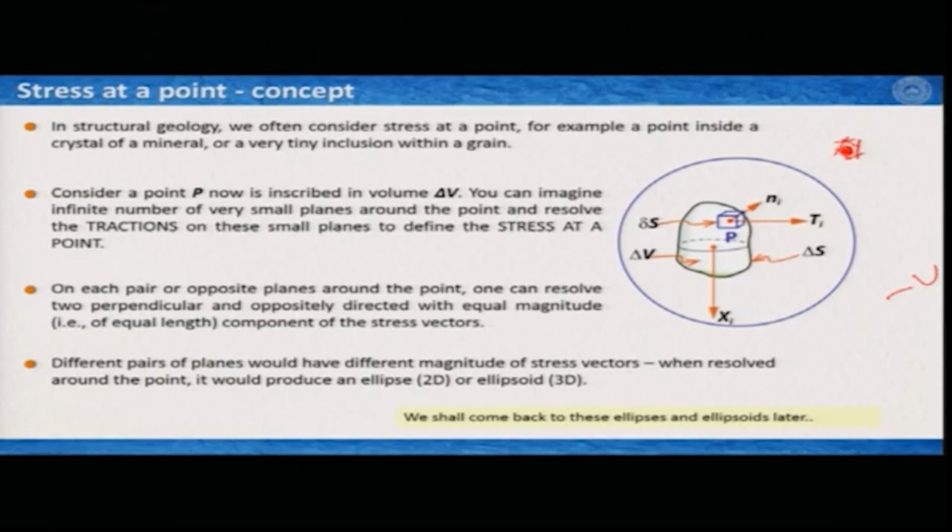So, in short, you can imagine an infinite number of very small planes around the point and resolve the tractions on these small planes and define the stress at a point.